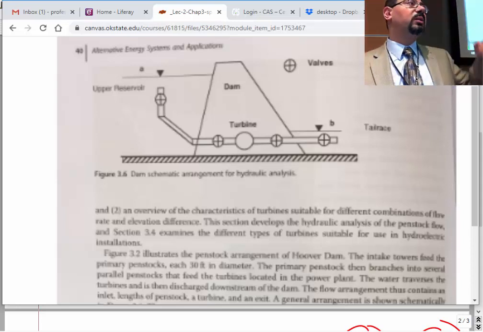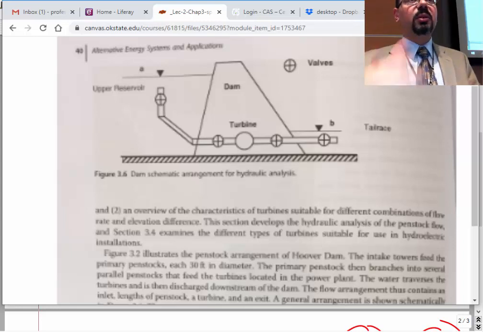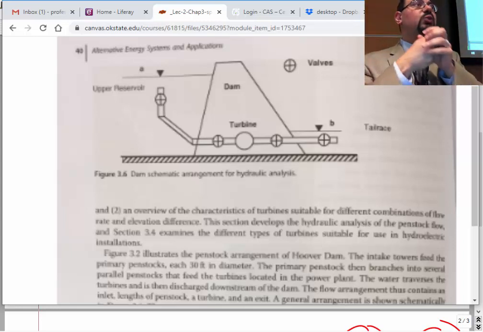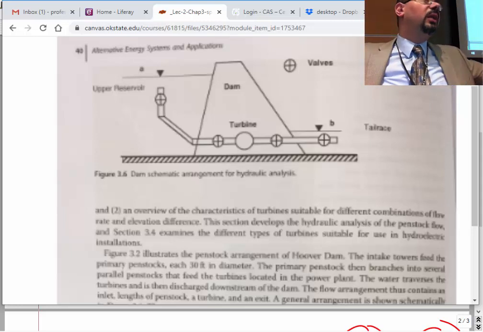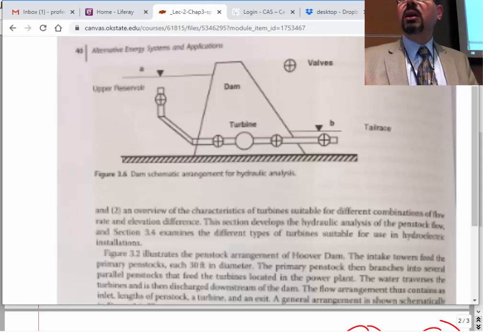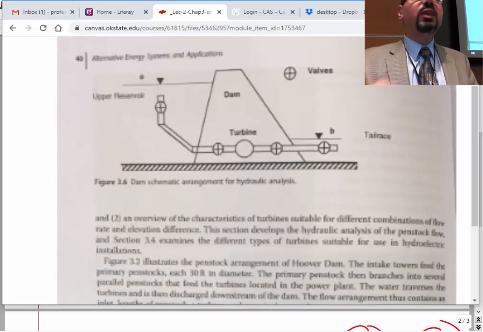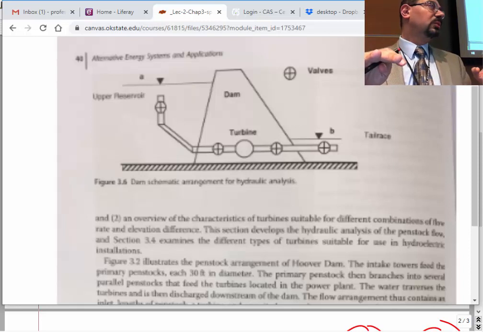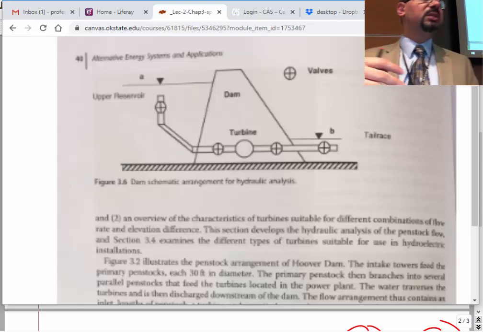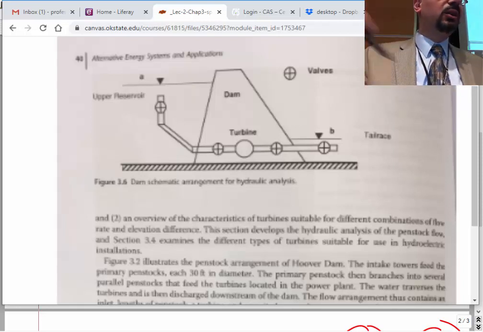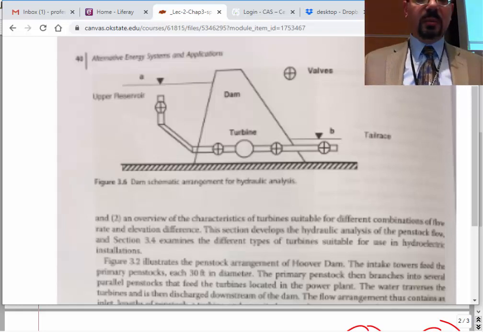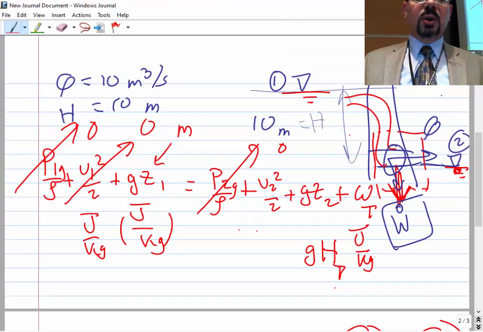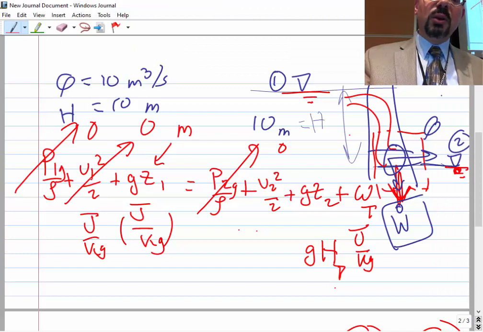Yes, it could be dropping, but because the pipe cross-section area is way smaller than the lake cross-section area, the velocity of that surface going down is almost 0. Okay, and that also can be extended to big tanks, right? You would think the velocity here is 0. Okay, so we can make V1 0.